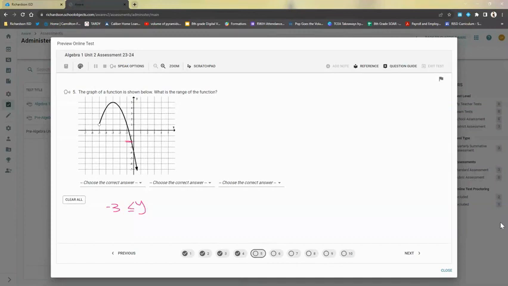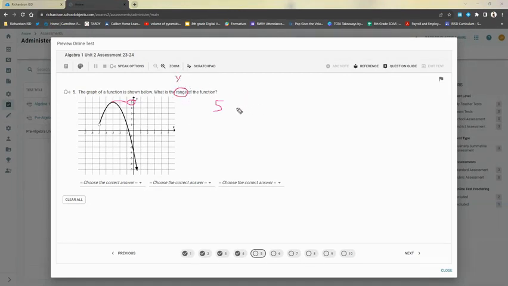All right. This one was the most missed one. So the graph of a function shown below was a range of the function. So the first thing we have to do is we have to talk about the range. So we're drawing here to 5. And we see that all of our, so it's range, so range has to deal with our y values.